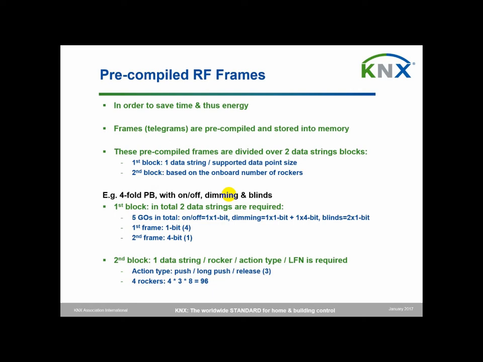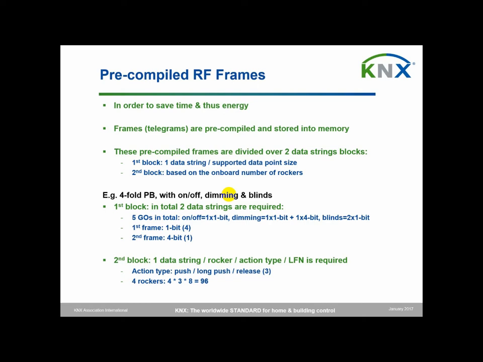The first block contains a data string per supported data point type size. The second block then contains information which is based on the onboard number of rockers. Now, just to explain this with an example, let's take the example of a 4-fold push button, where each push button or each rocker could be configured as an on-off function, as a dimming function, or a blinds function.